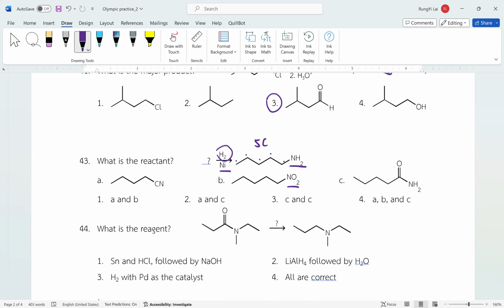So B is correct. The carbon number is correct. But the length, so this one should be also correct because you have a cyanide, nitrile. So nitrile, if they do the reduction, should be correct. This one. Sorry, let me check the slide. I forget.